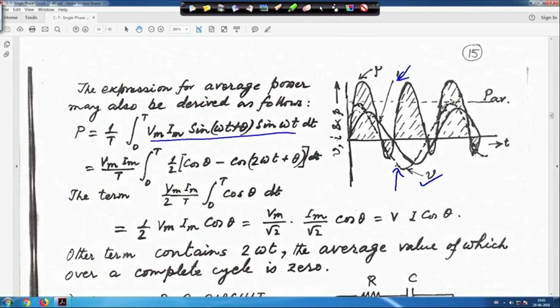Now another way of expressing this, which is an easier one, is 1 upon T, integral from 0 to T, of Vm Im sin(ωt + θ) into sin ωt.